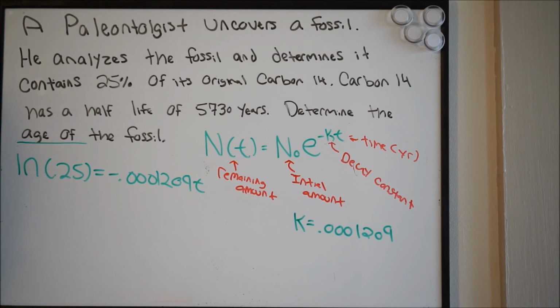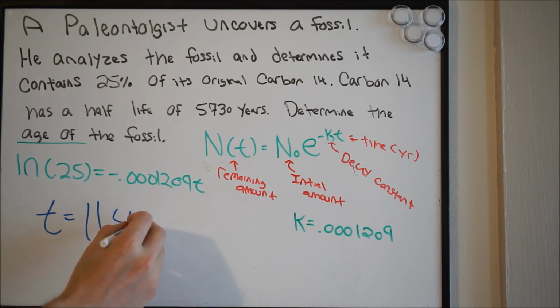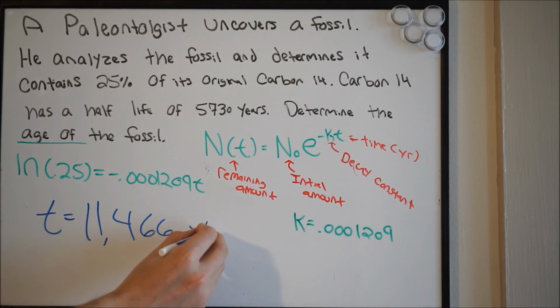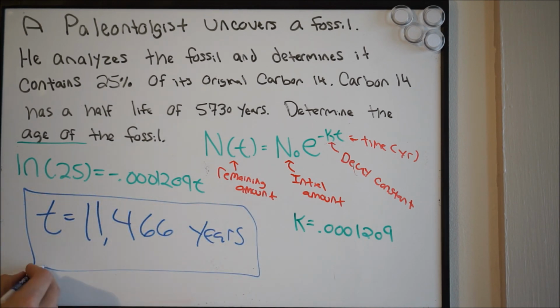So let's do natural log of 0.25 divided by negative 0.0001209, and we get a number here. So our time here is going to be 11,466 years. Okay, that is your final answer here. All right, and that is it.